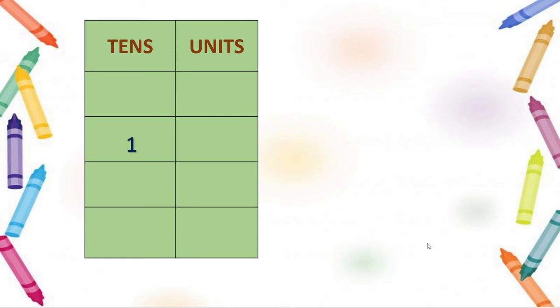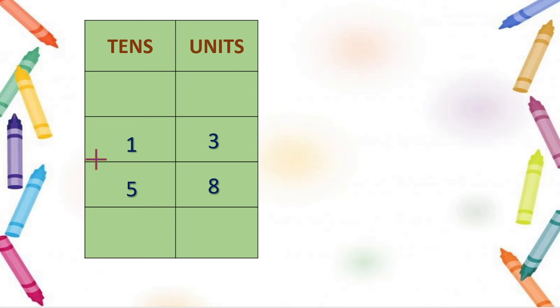Next, 1 ten, 3 units plus 5 tens, 8 units. Yes, we'll begin from units place. You can keep 3 in your mind and you take 8 on your fingers. How much? Vice versa also you can do. You can keep in your mind 8 and you can take 3 on your fingers. This will become very easy.